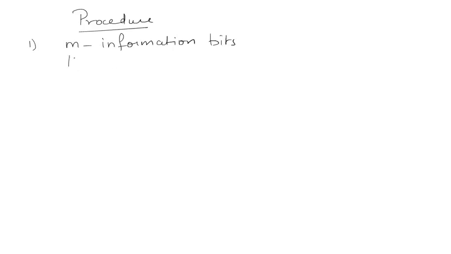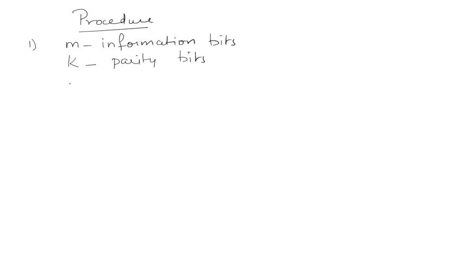Next we'll see the procedure for how to correct the errors. The first step is, for each group of m information bits, suppose we have m number of information bits or data bits, we need to add k number of parity bits or redundant bits.